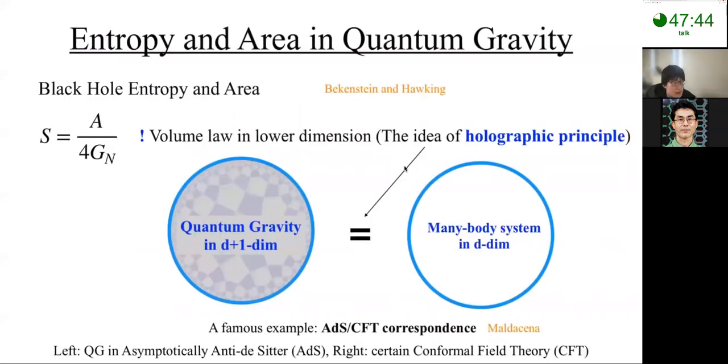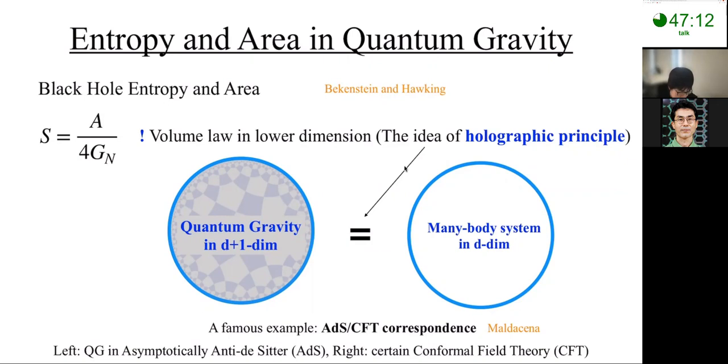First, let me start from the interesting connection between entropy and area in quantum gravity. If we want to keep the second law of thermodynamics even in a gravitating system, we need to assign entropy to the space-time, for example, a black hole. It's known that black hole entropy is proportional to the area of the black hole horizon.